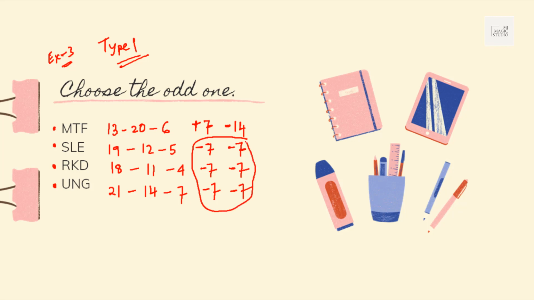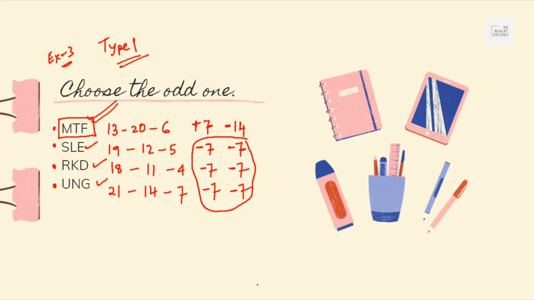So we can see that this pattern is matching with the second one, third one, and the fourth one, and it's not with the first one. So MTF should be the odd one out. Yes, MTF, which doesn't follow the pattern of minus 7, is the odd one out.